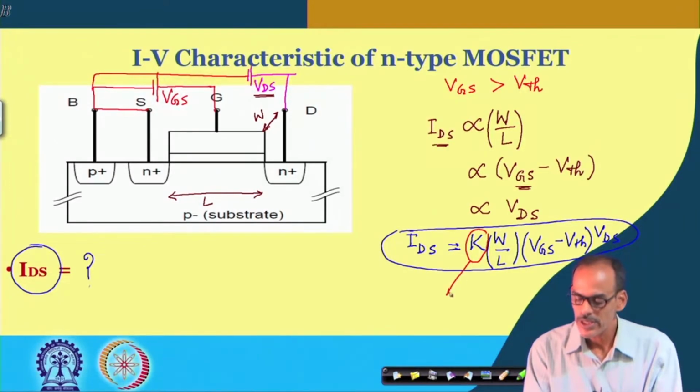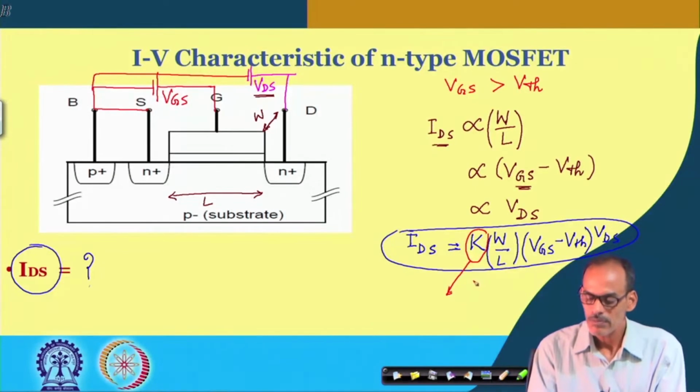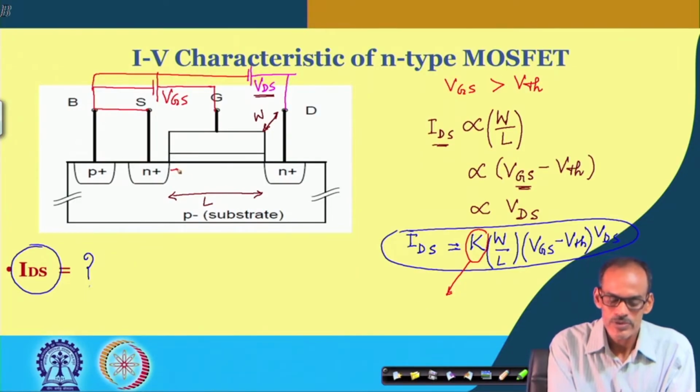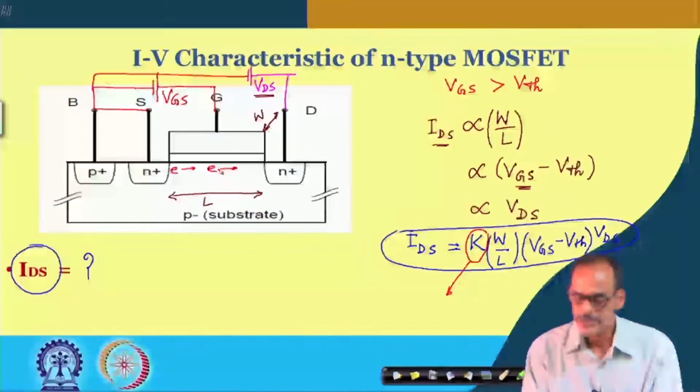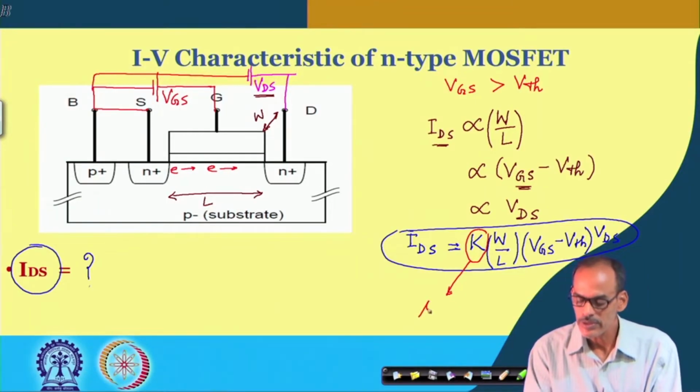In fact, for this K, the mobility of the electrons is flowing in this way. So, if the mobility of the electron is higher, of course, the current will be better. So, mobility of the electrons is there, and also the dielectric constant of the oxide, epsilon OX divided by T ox.